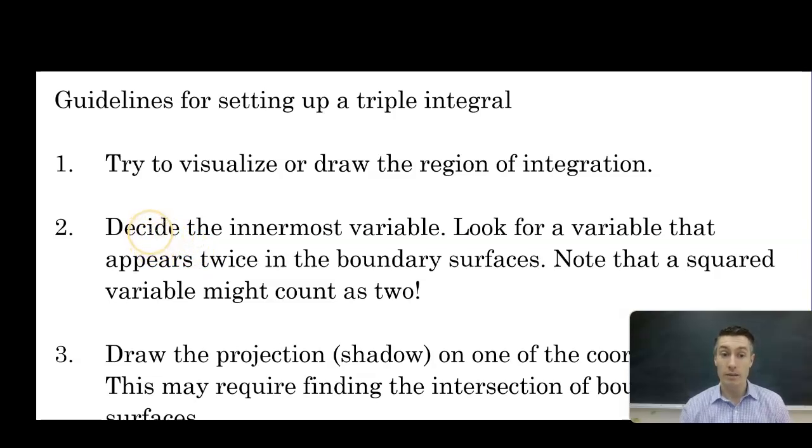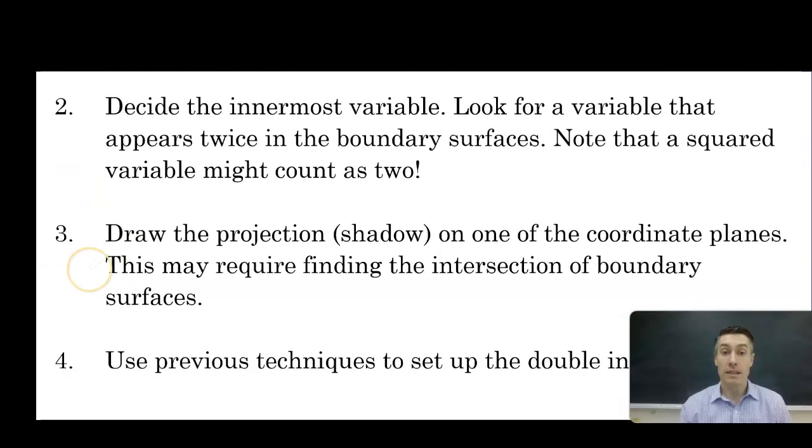It's not always the easiest thing to do. Some of these regions can get complicated, but even if it's an okay drawing, it could help set up our bounds. Decide the innermost variable, so essentially what surfaces are defining the solid. Look for a variable that appears twice in the boundary surfaces. Right? If you have 2z equals, that's a good sign.